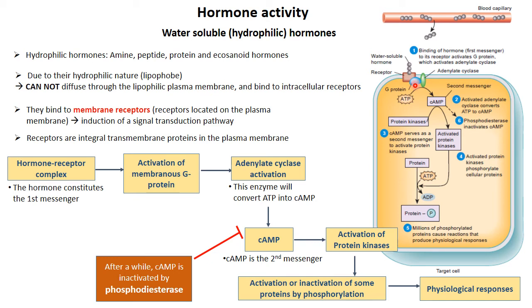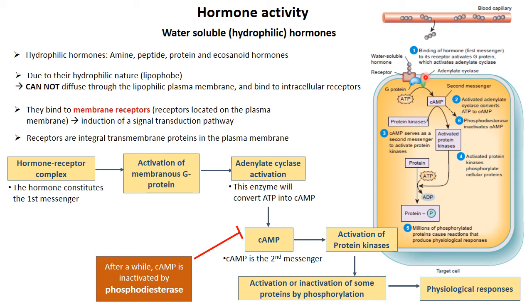Now we will not go into details of how this G protein will be activated, but following the hormone receptor binding, there will be an activation of the G protein, and this activation will lead to an activation of an enzyme, which is the adenylate cyclase, also called adenylyl cyclase.